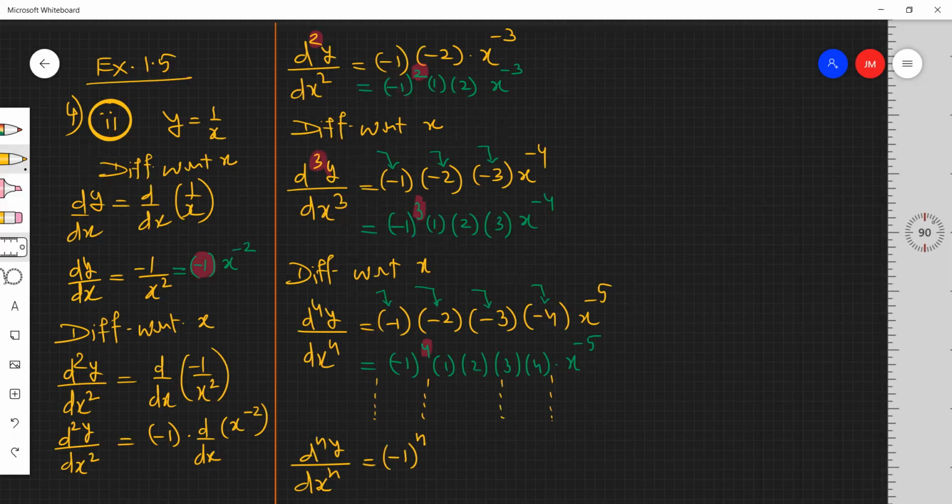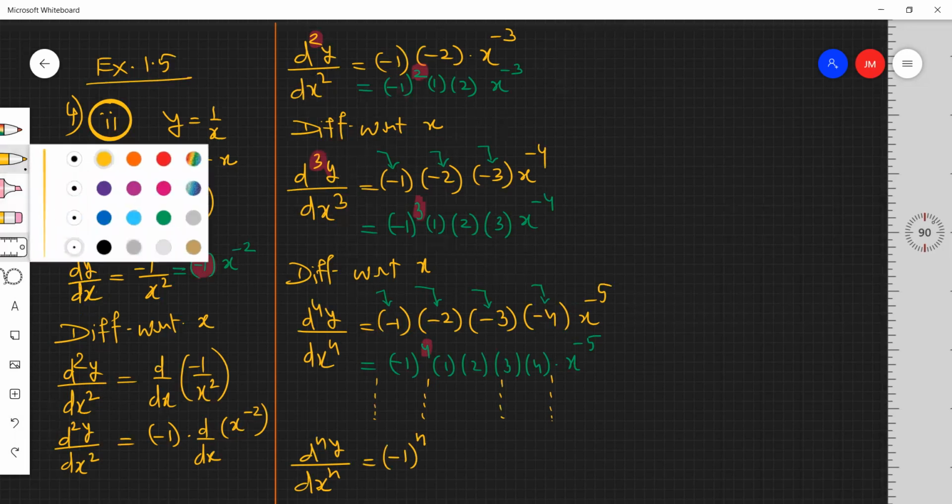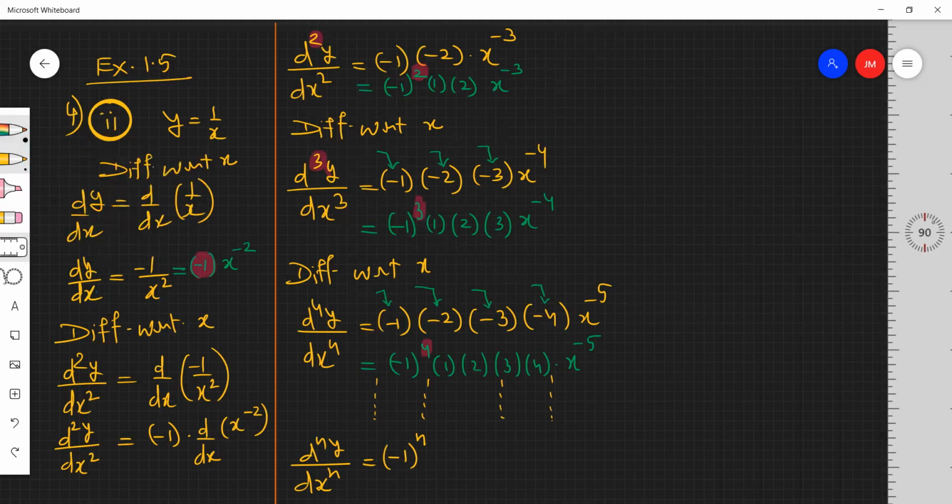Further, if you check, when you have the first order derivative, it is minus 1 into 1. Here you have 1. You see this?